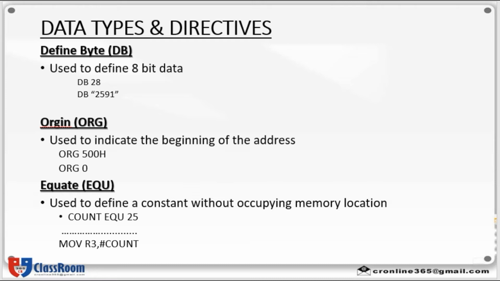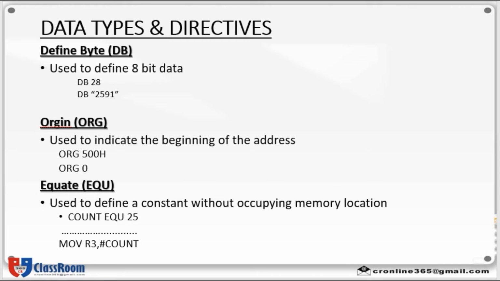8051 has only one data type, that is the defined byte data type, and the size of each register is 8 bits. The first one is defined byte, used to define 8-bit data.